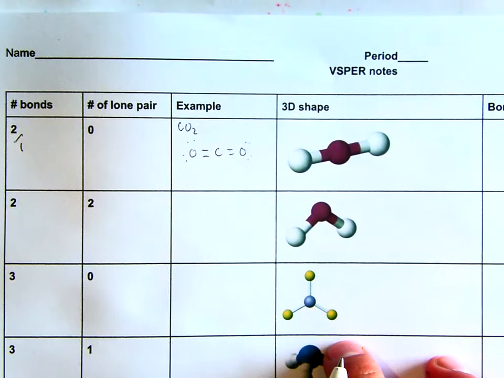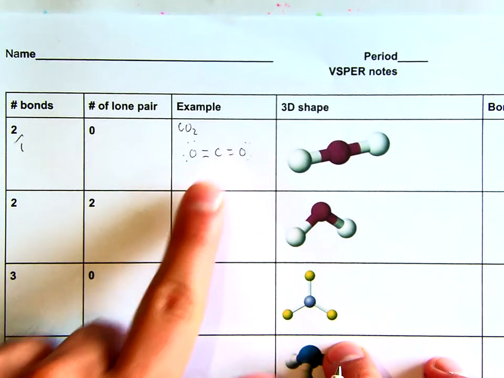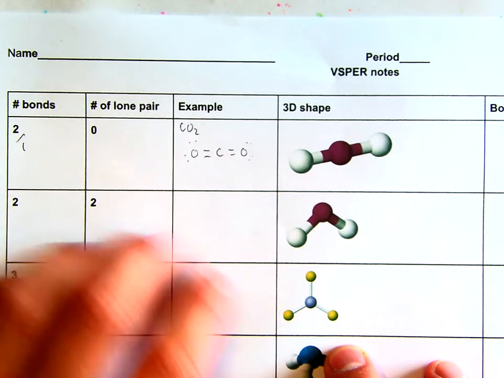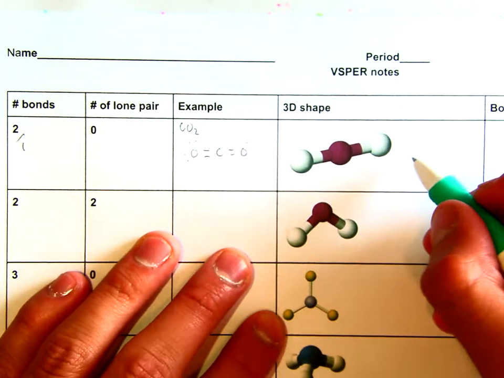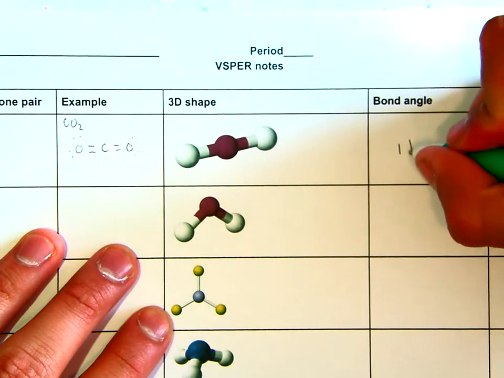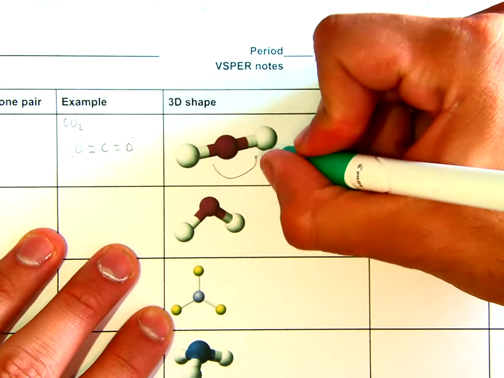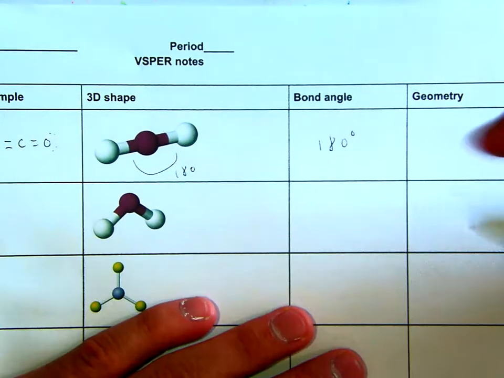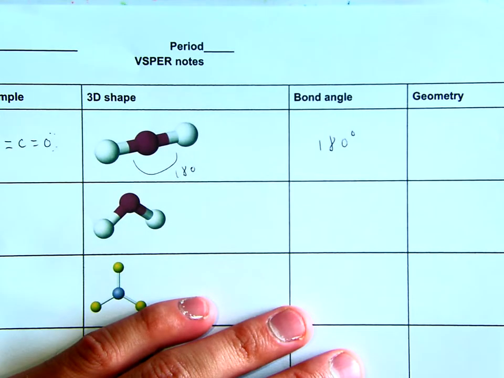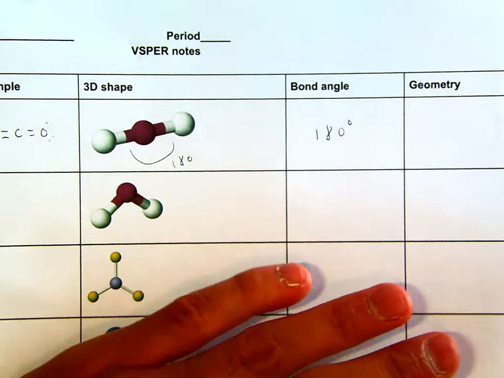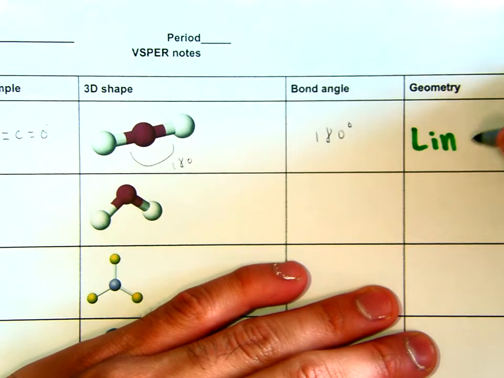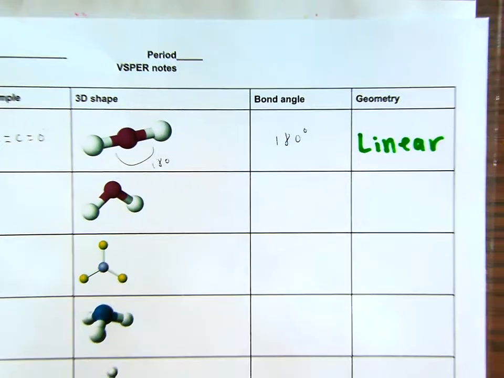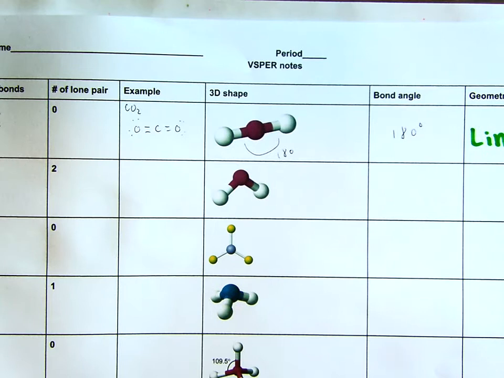Whenever my center atom has 2 bonding regions around it and no lone pairs, that forms a straight compound with a bond angle of 180. We call the geometry linear. Let's move down the list.